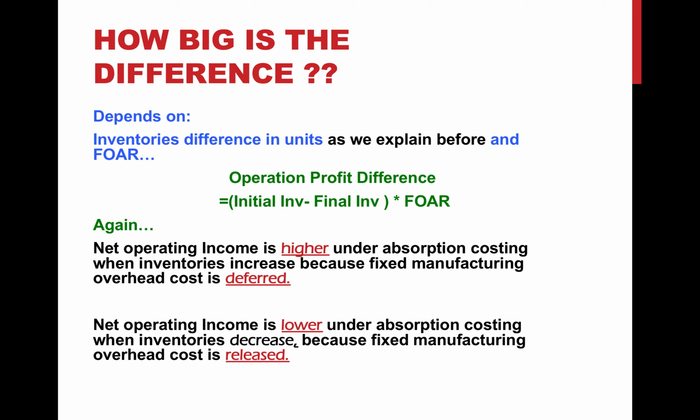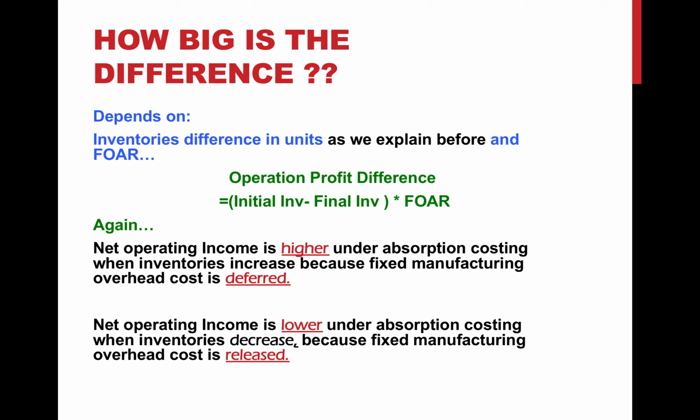How big is the difference between one method and the other? It's not enough to know that if you have different methods, you will have different net operating income. You need to know that the difference depends only on units, as we explained before, and on this little part that is the fixed manufacturing overhead assigned to a product using the fixed overhead absorption rate, as we name it in a shorter way.